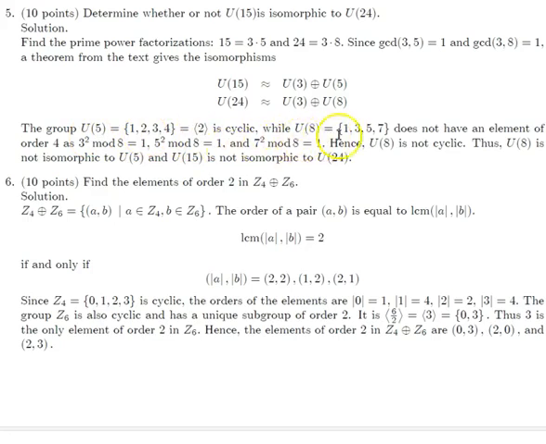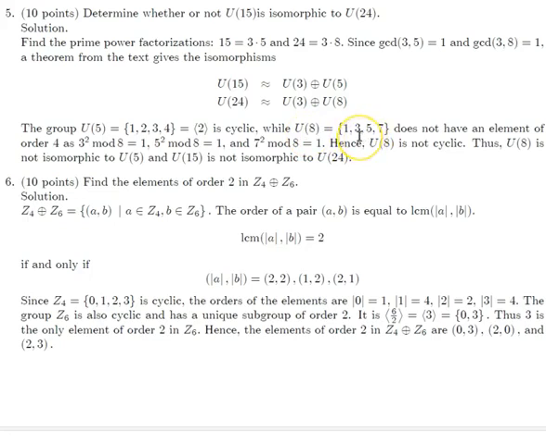Well, U8 has also 4 elements, because from 1 to 7 we have only 1, 3, 5, and 7 relatively prime to 8. And the order of each of these is 2, because 3 squared is 9, and 9 is 1 mod 8.